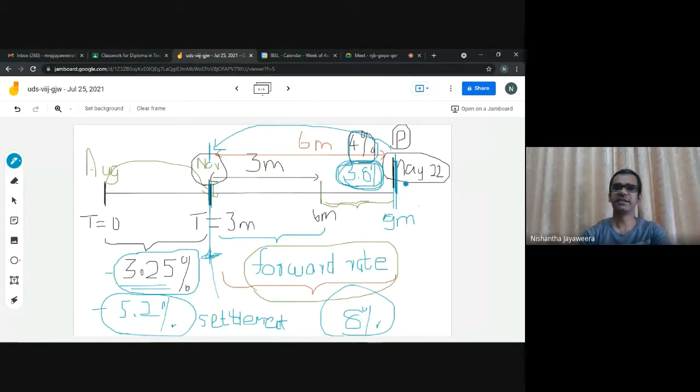So we can consider it as a floating rate. So that's what happens. That's why you calculate the difference. While you are paying, you receive this. So the difference you pay.